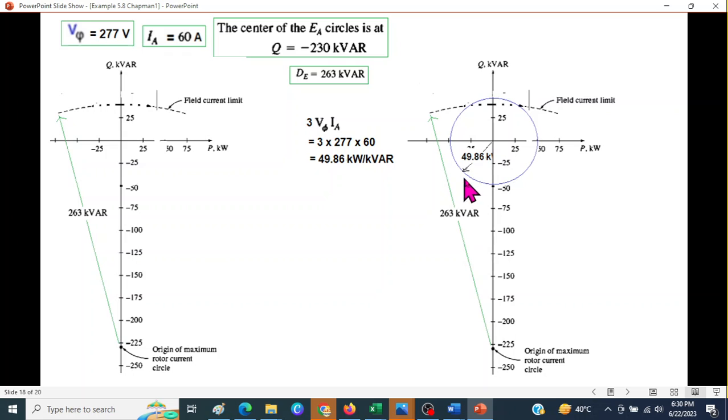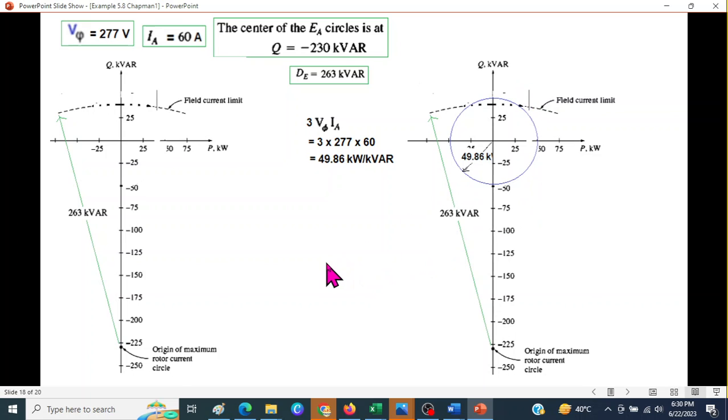With this radius, we draw a circle at the origin. And now, as we had done in the theoretical part, we'll eliminate the upper portion of this, we'll eliminate the left side, and if there is a prime mover limit, we'll incorporate that.